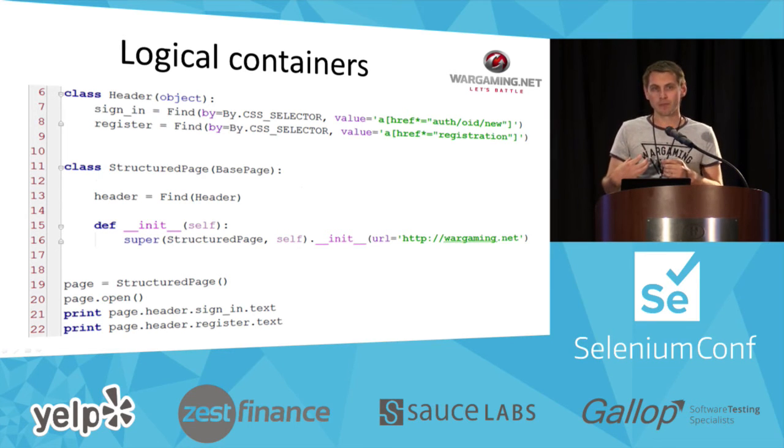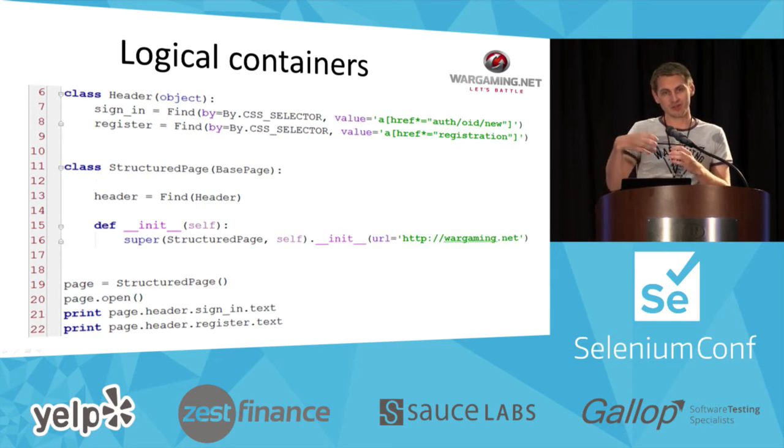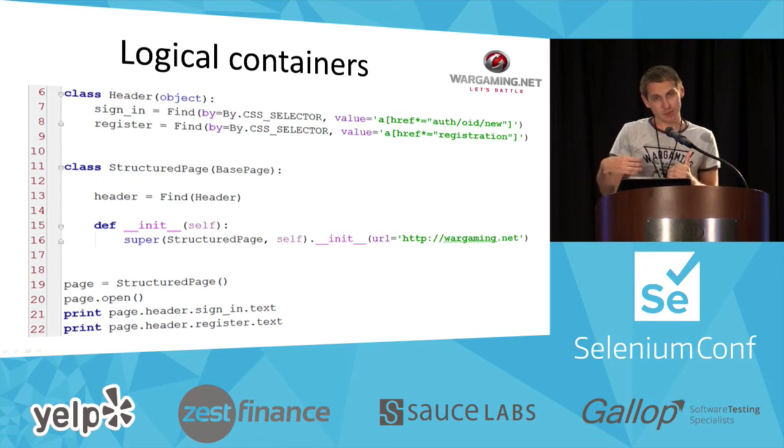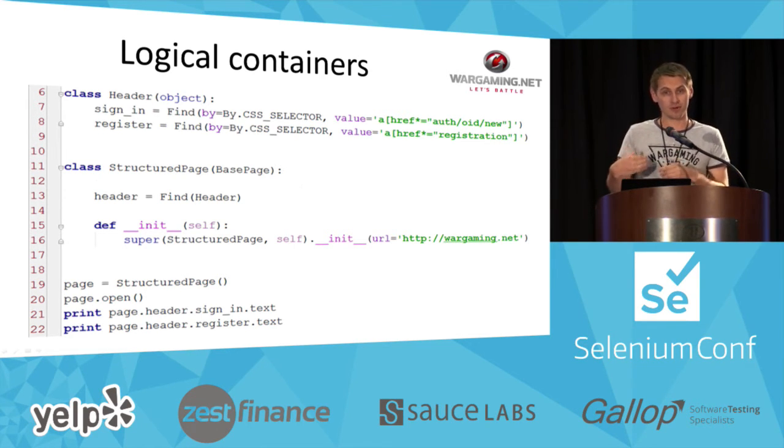For example, you still would like to search in the root of the page. One more example. You have page header, which contains some links with unique locators. And in this case, you do not have to search for the container first. You can search for links directly.